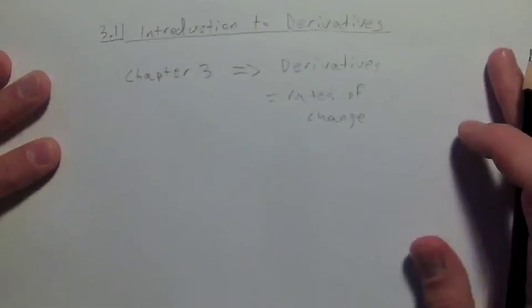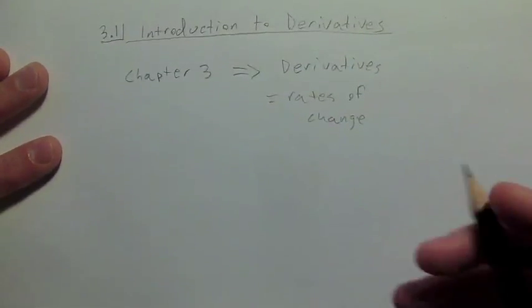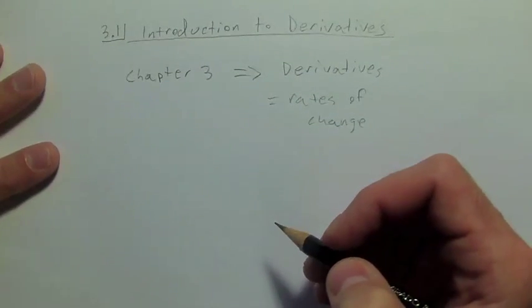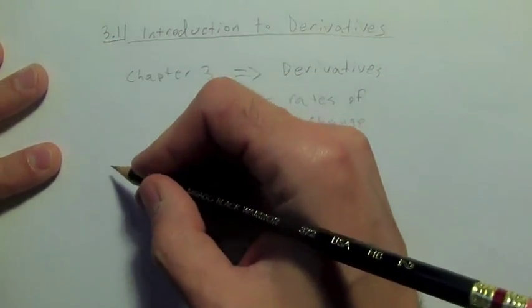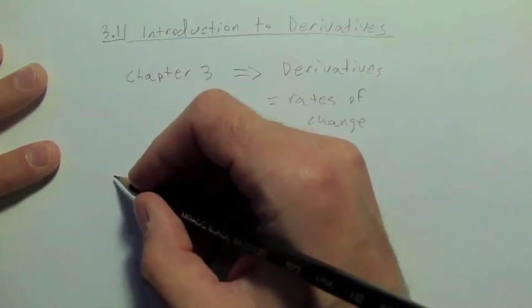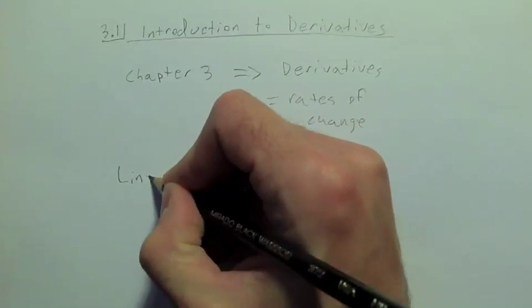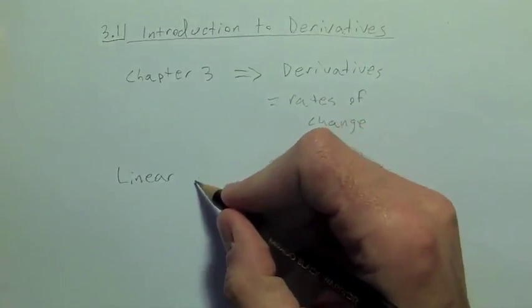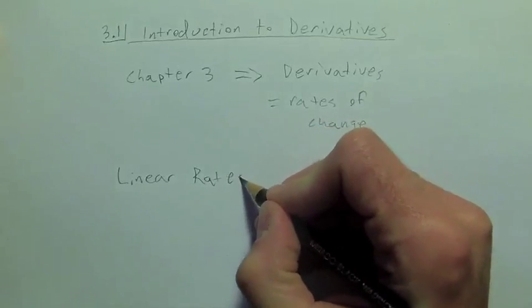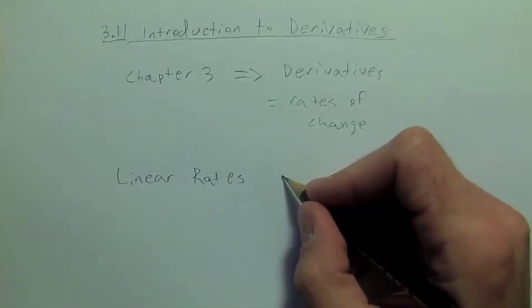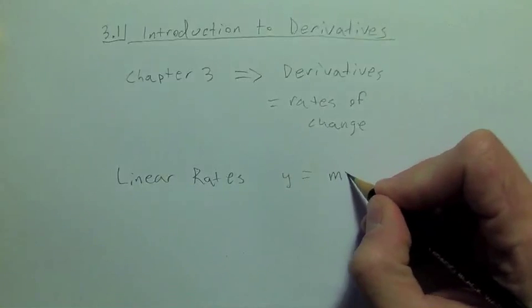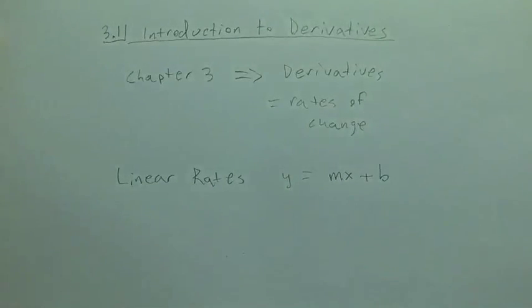Now, as far as rates of change go, the big ones you've seen before are linear rates. That is things like y equals mx plus b. You've seen that before, a linear function.